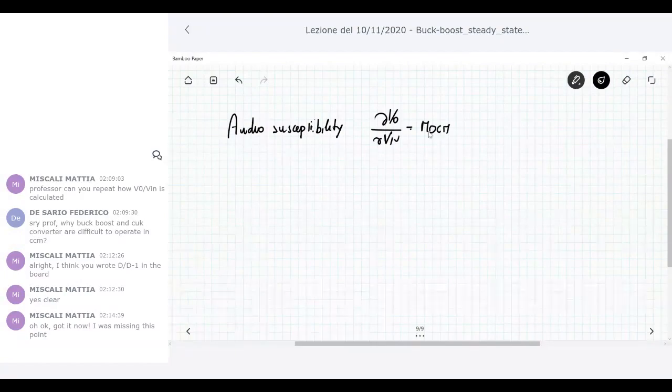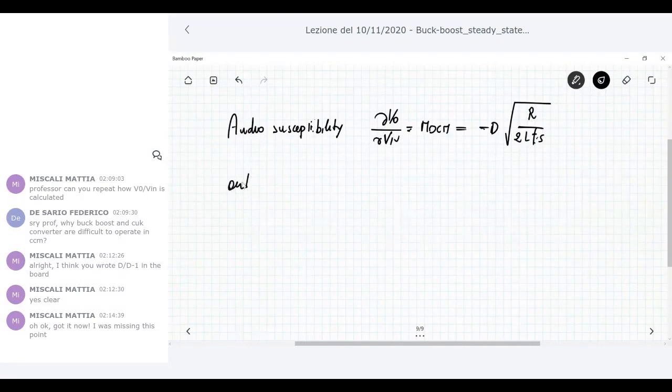This is always M, in this case the conversion ratio for DCM. And so this is minus D, etc., square root of R over L Fs.